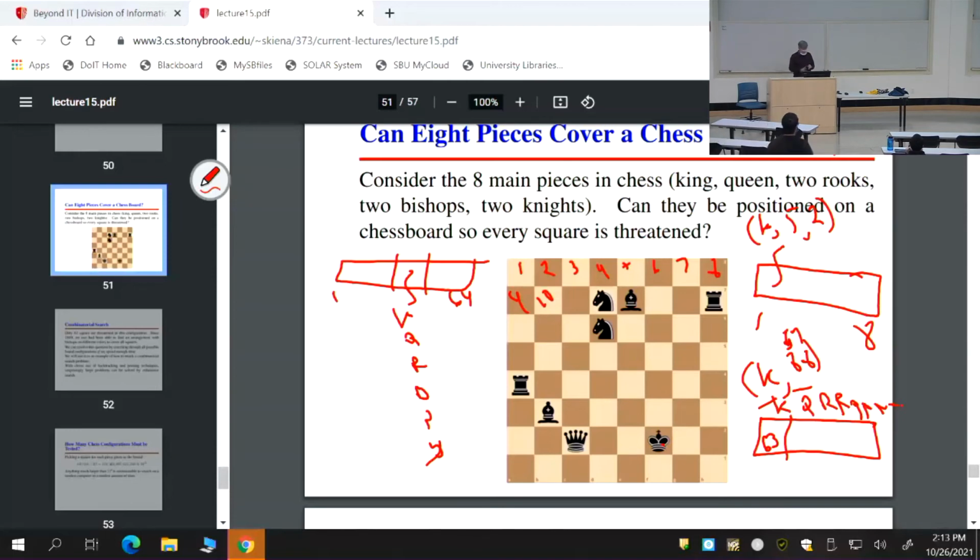How many solutions of this type are there? How big is our search space? The search space is all the things we might have to go through. How big is that search space going to be? Yeah? Okay, I'm hearing 64 factorial. Okay. What you're trying to say is no 2 pieces can be on the same square.